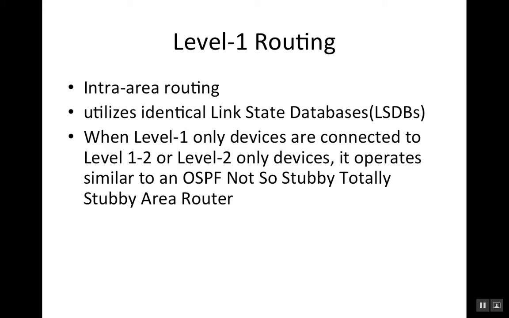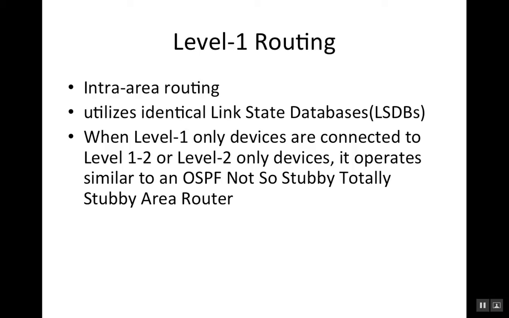What that means is that if you have a level 1 only device connected to a device that has a level 2 circuit, what's going to happen is, like with OSPF not so stubby areas, typically you will only have your LSA type 1 and type 2 entries inside the routing table, which means your intra-area routes, and all inter-area and external routes are replaced with a default route by the ASBR or the ABR.